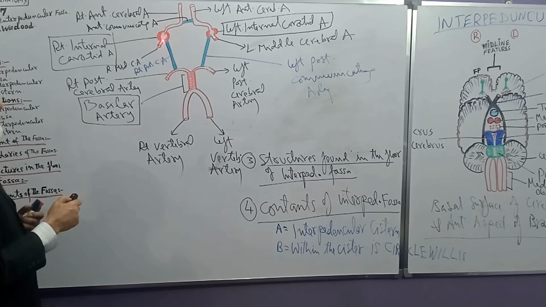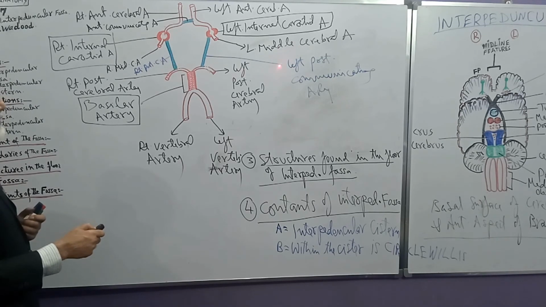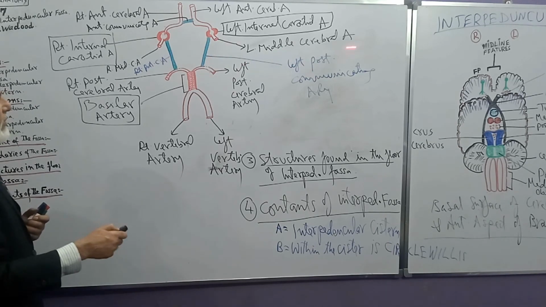The posterior cerebral artery communicates with the middle cerebral artery by a communicating channel known as the posterior communicating artery.